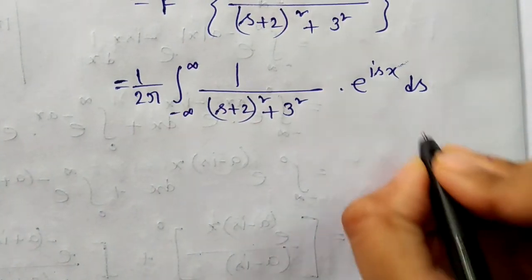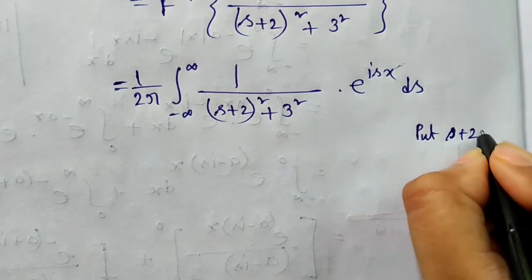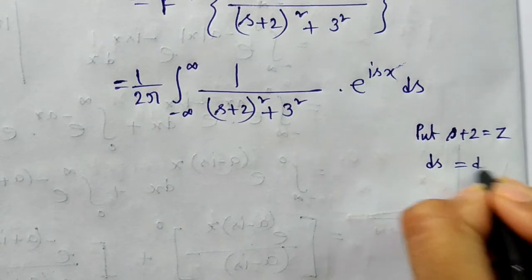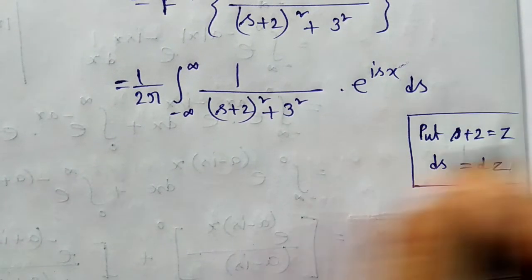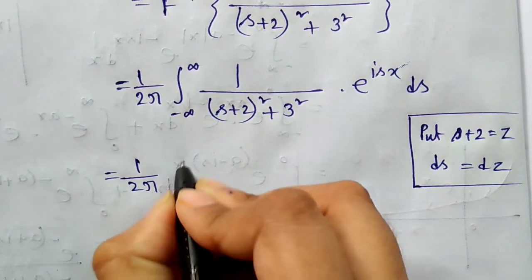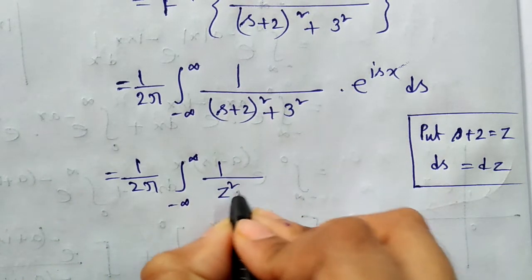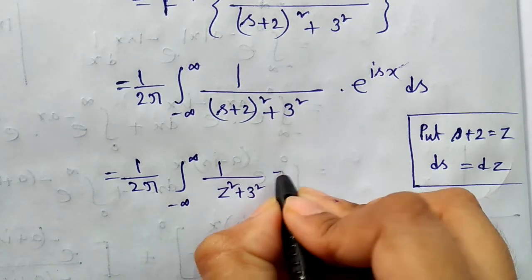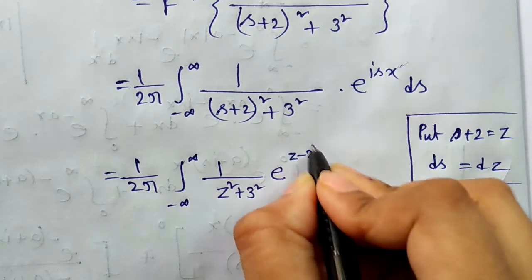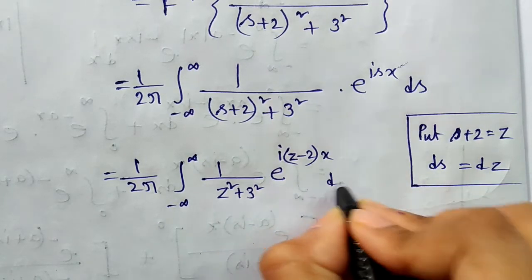Now put s plus 2 equal to z, so ds equal to dz. Therefore 1 by 2 pi integration minus infinity to infinity 1 by z square plus 3 square e to the power, s means z minus 2, i(z minus 2)x, and ds is dz.